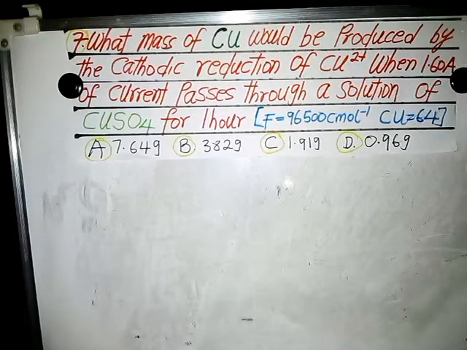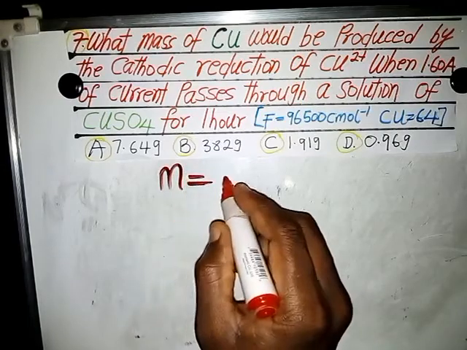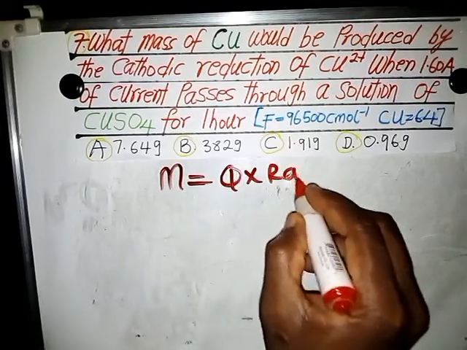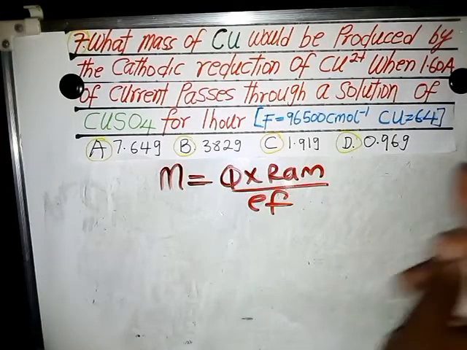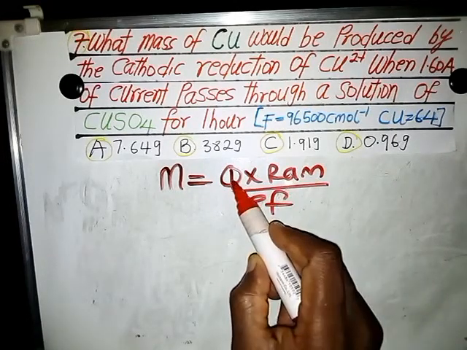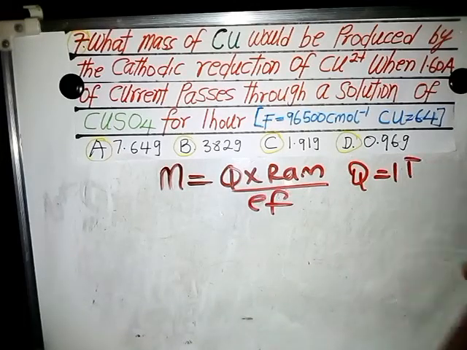So we have to calculate the mass. We are still going to use this formula, M equals Q times RAM over EF. Then Q equals IT.